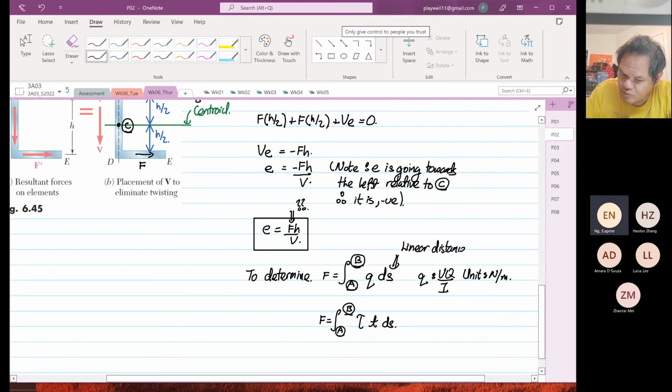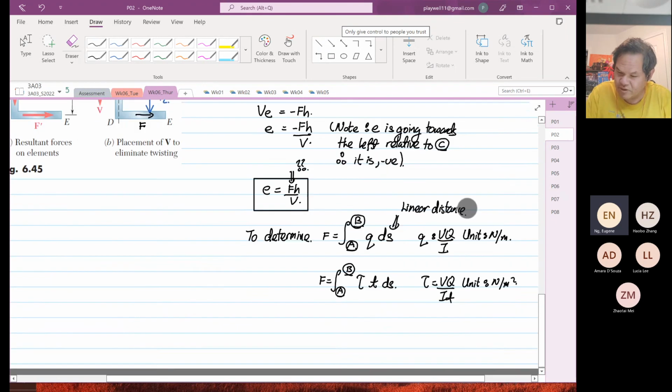Later on, I'll show you what we mean by that. The shear stress is equal to VQ over IT, and the units here are Newton per meter squared.